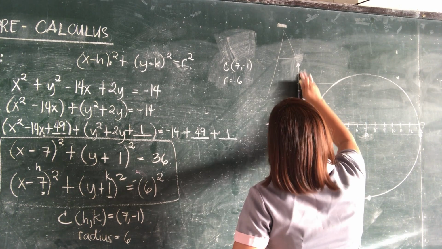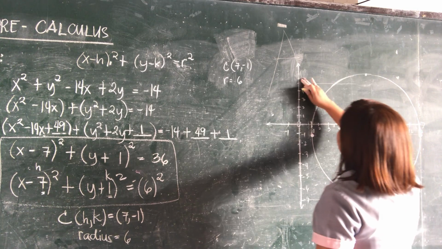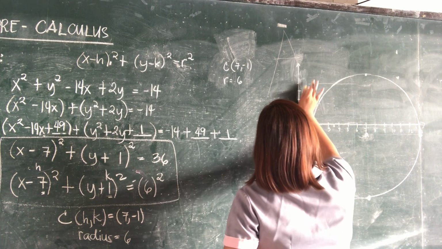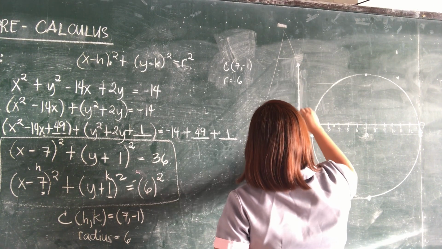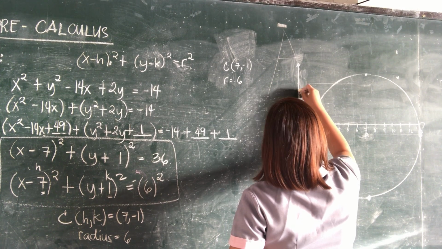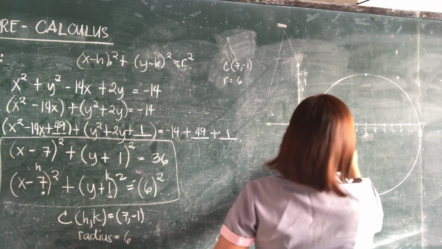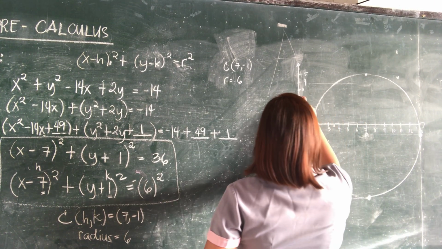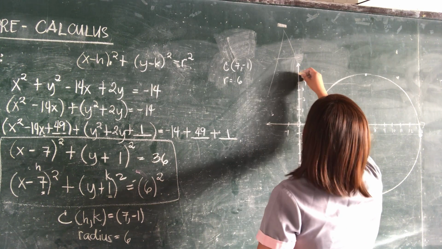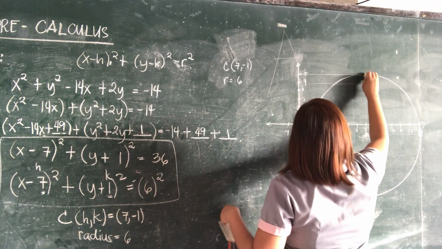Ang 5 at saka 6. Yung label natin, adjust. So, 1, 2, 5. So, we have 1, 2, 3, 4, 5, 6. So, ito yung pantay. Sa 5 yan na. So, we have this point.